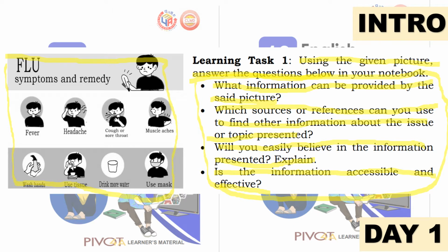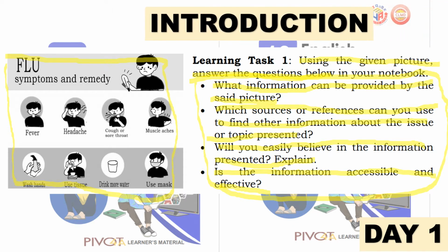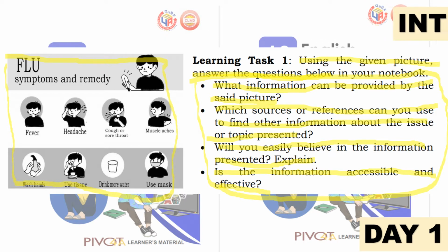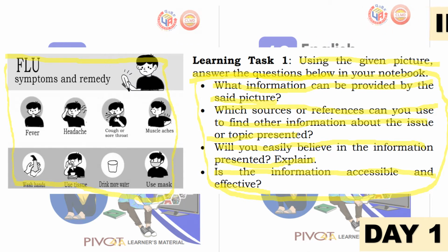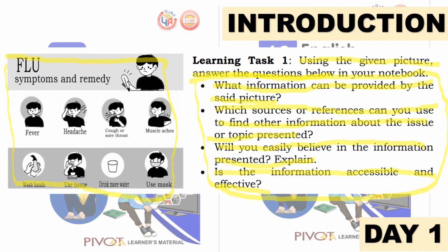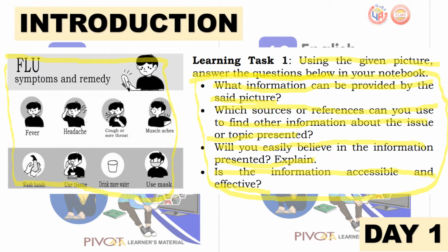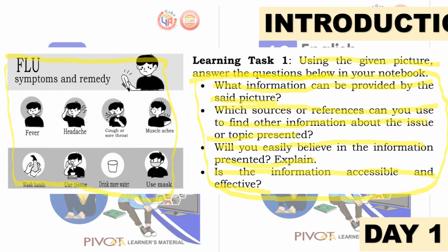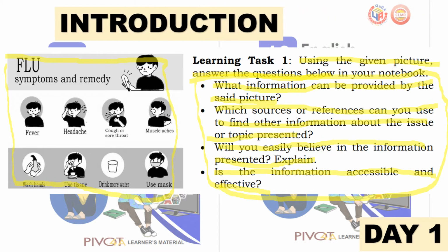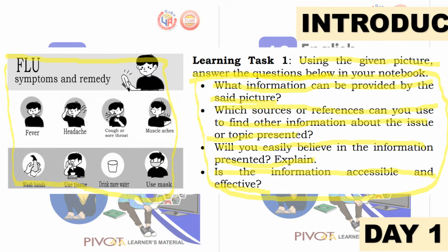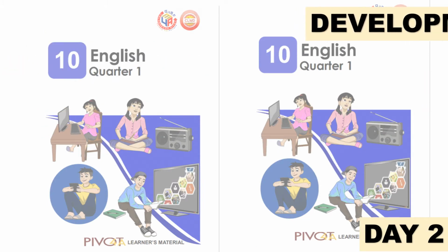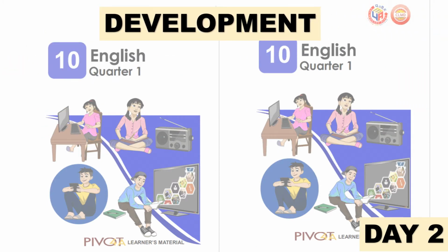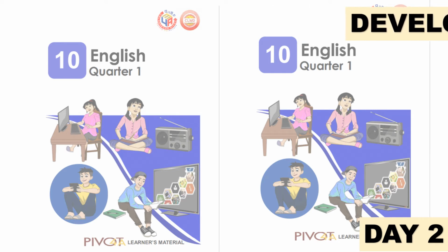On the other hand, effectivity refers to the degree of being able to achieve the desired result based from their objective or purpose. So you have to study and analyze the infographic. That is for learning task 1. You are expected to be finished with your day 1 task.